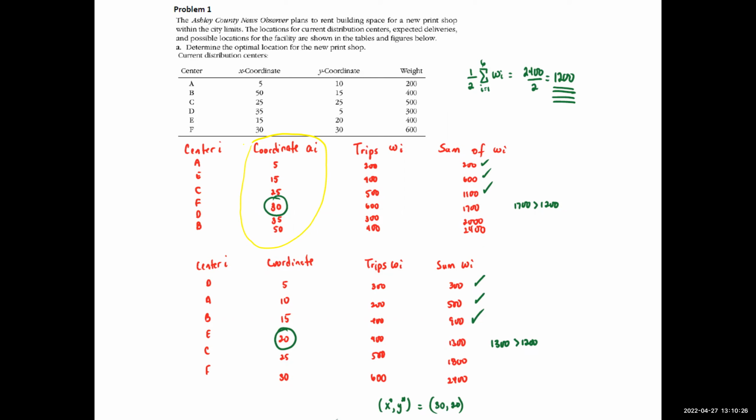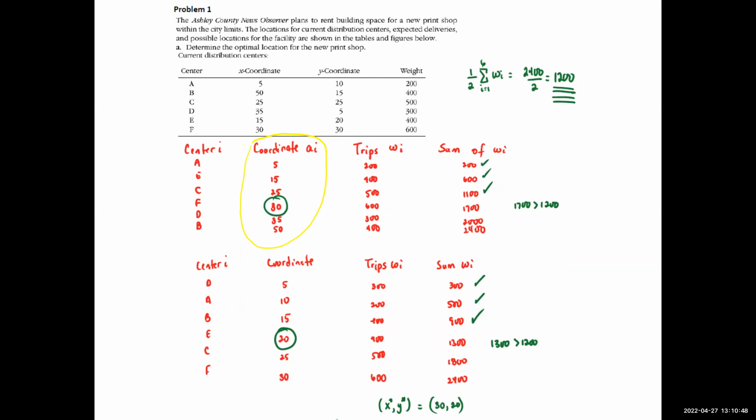Now I go for X, and I identify the center for which the aggregated W is greater than 1,200. In this case, that number is 1,700, and it corresponds to center F, and the coordinate value is 30.